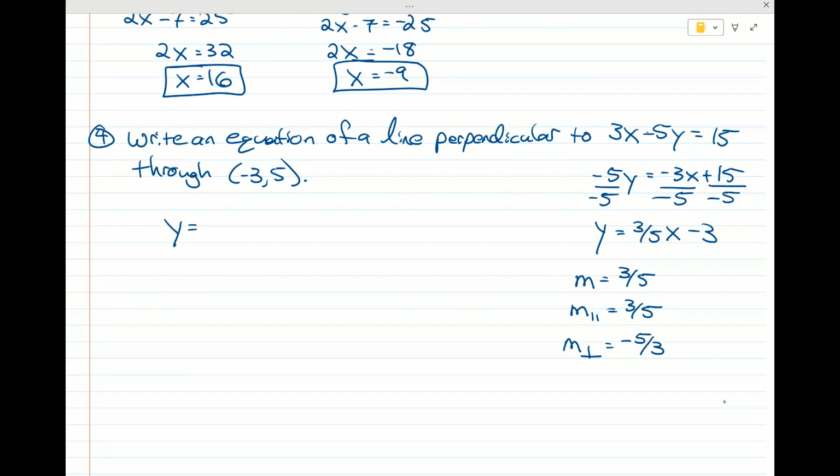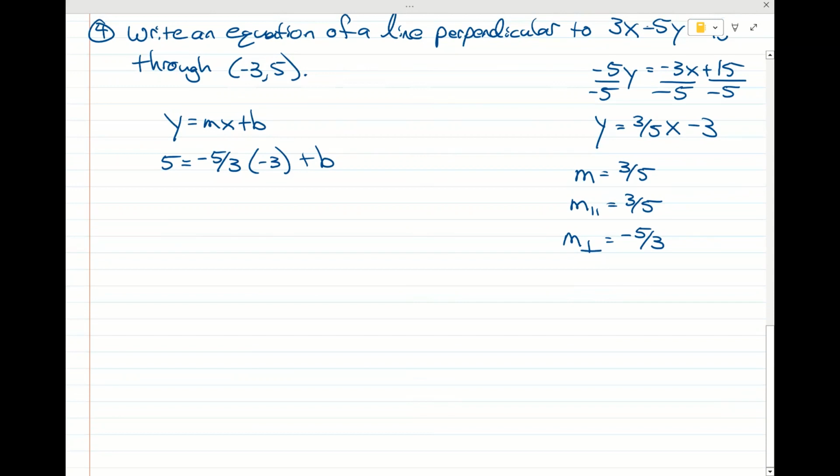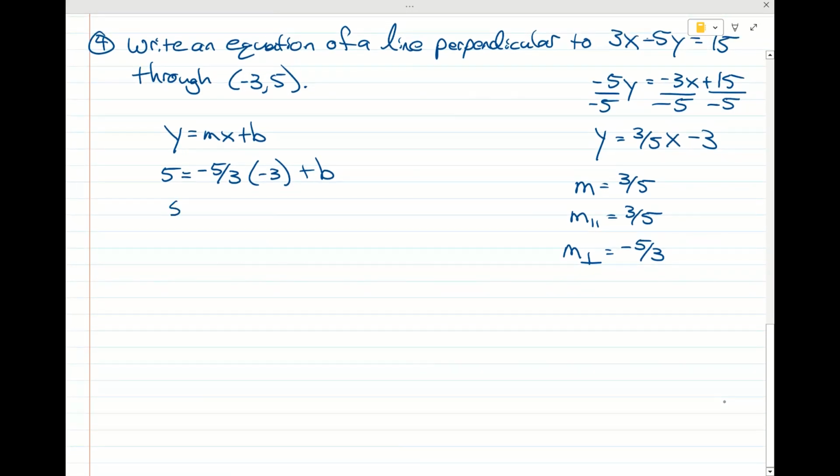So going back to our strategy now to write our equation, y is equal to mx plus b, we're going to use the slope that we discussed for perpendicular, the x value of the point that we're given, and the y value of the point that we're given, and we'll go ahead and solve for b. This would equal 5 is equal to just 5 plus b.